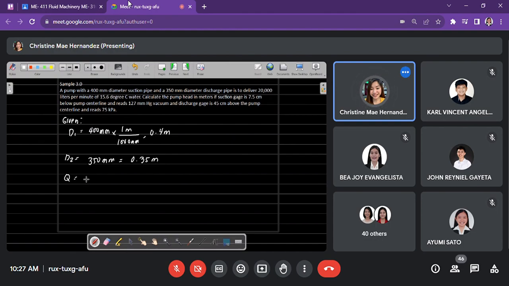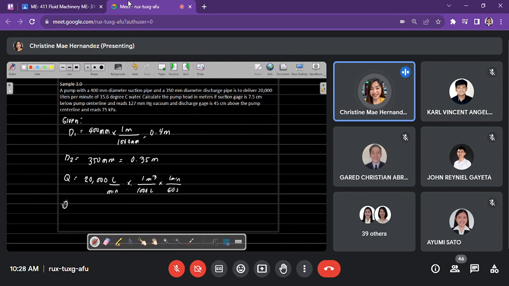Then yung ating volumetric flow rate, which is 200,000 liters per minute, times 1,000 liters per 1 cubic meter, times 1 minute over 60 seconds.